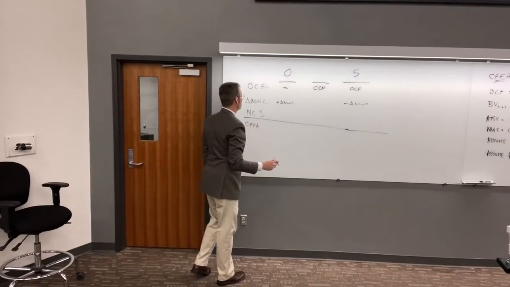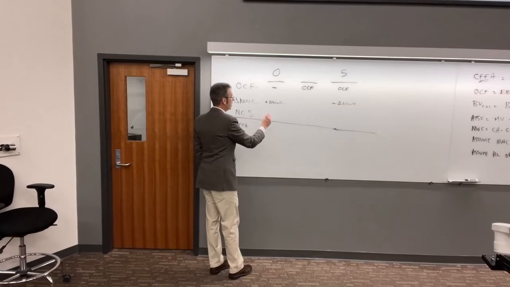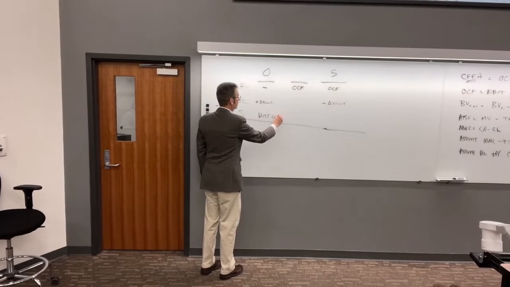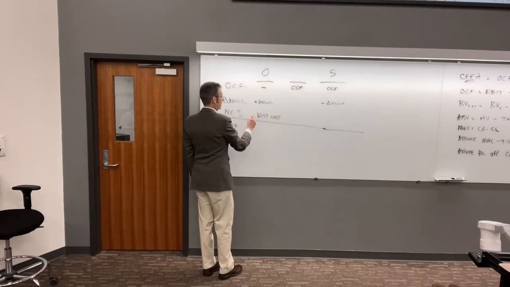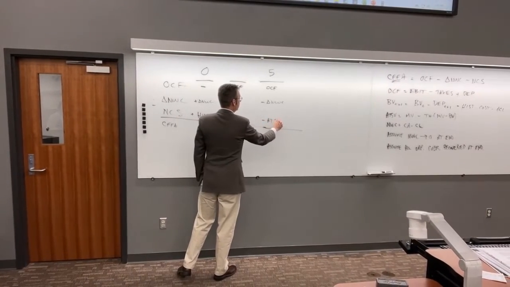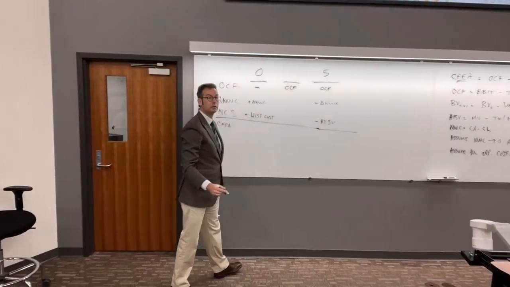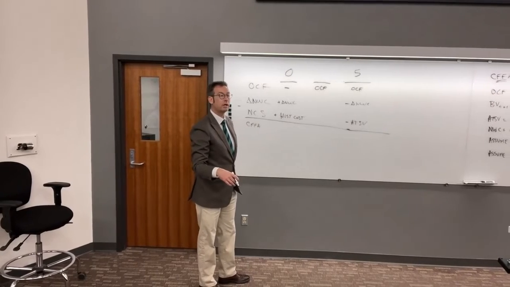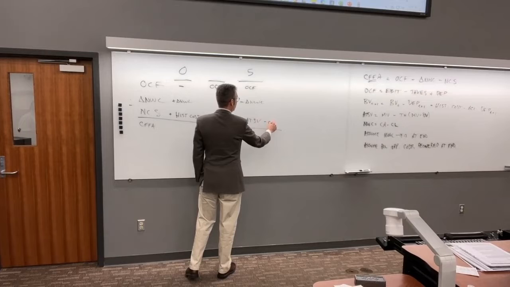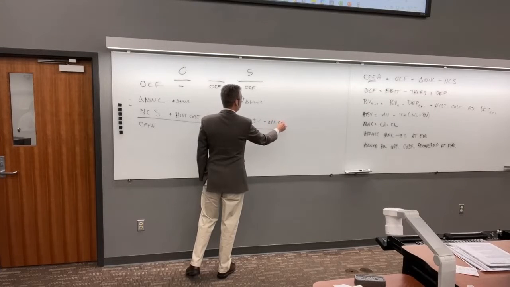And then for net capital spending, we're going to have a cash outflow here. Let's call this the historical cost. And then we're going to have minus ATSV over here, because that's what you get back at the end, right? And this is also minus your returning opportunity costs.